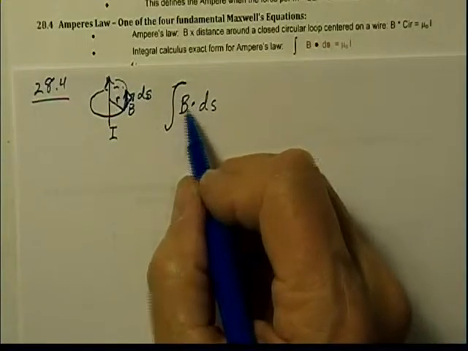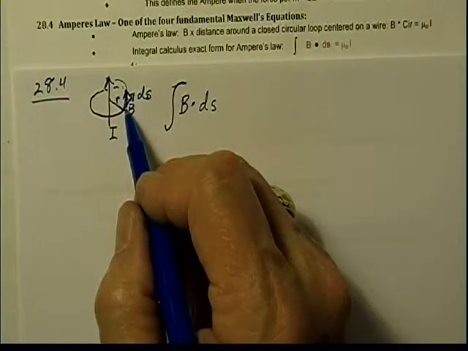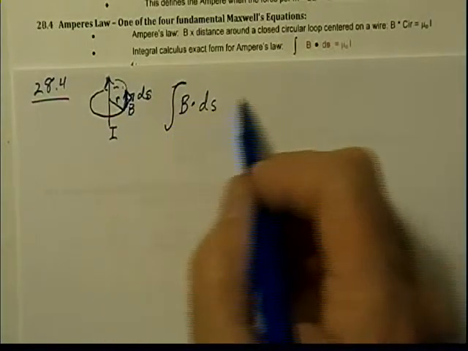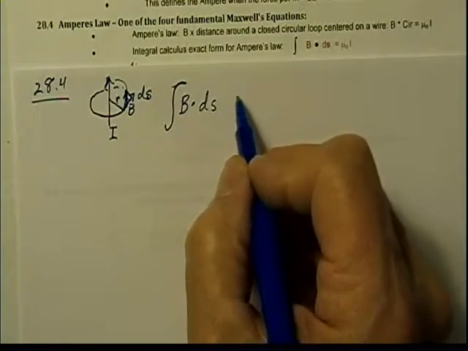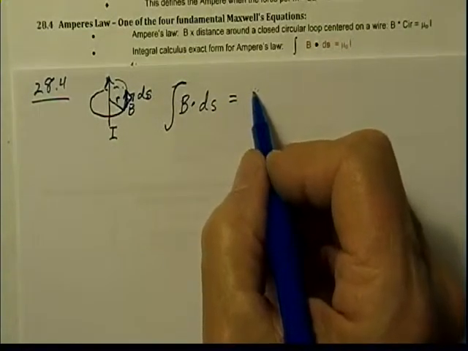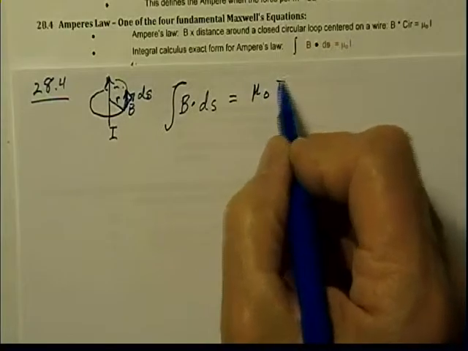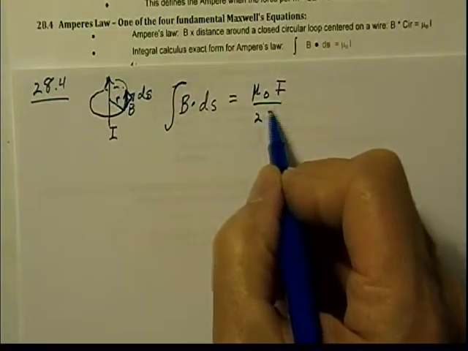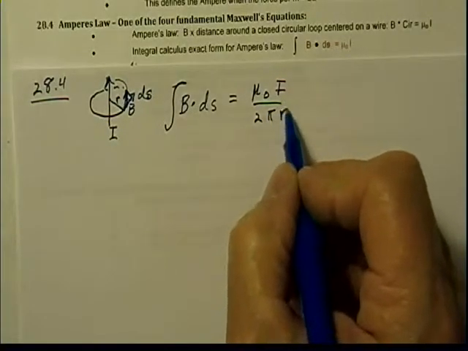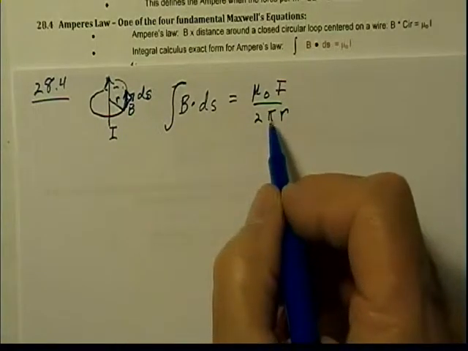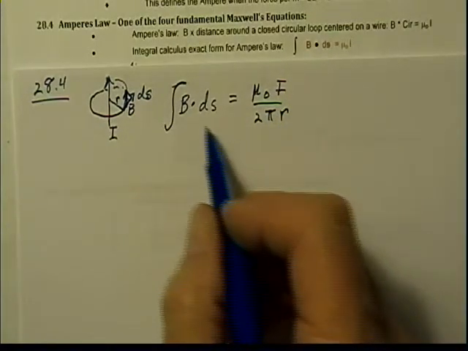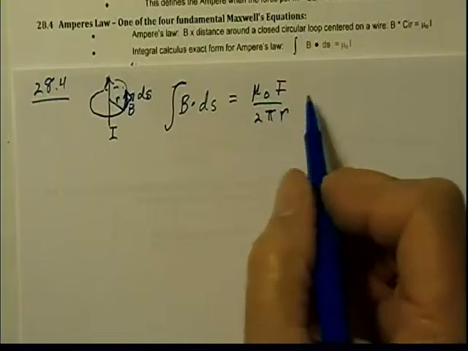Okay, well, do I know the magnetic field at a given distance for an infinite wire? The answer is yes. For an infinite wire, we can write this as mu naught I over 2 pi. I used a before, I'll use r right here because I used r in the equation. Over 2 pi r. That gives us the magnetic field.